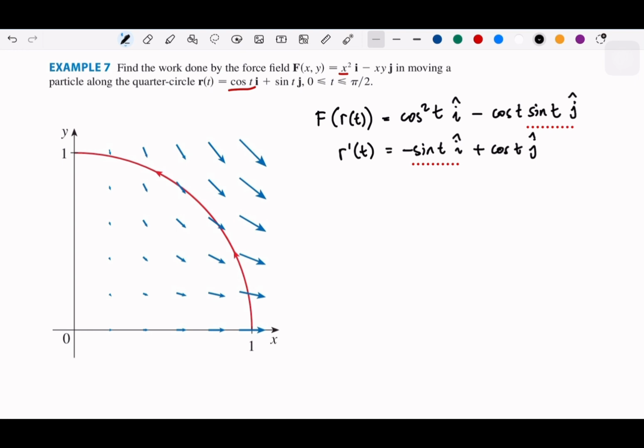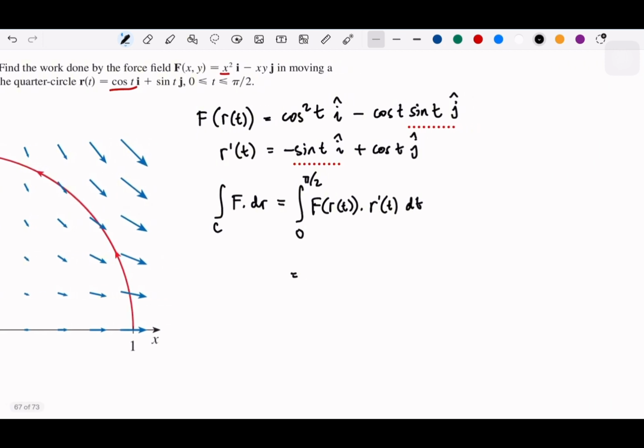Then the work will be the line integral of f dr, or we can directly use the parameter from 0 to pi over 2, the a and b, and write all the terms. This will be dot r'(t) dt. So everything is put inside, and we take the dot product of these particular functions.